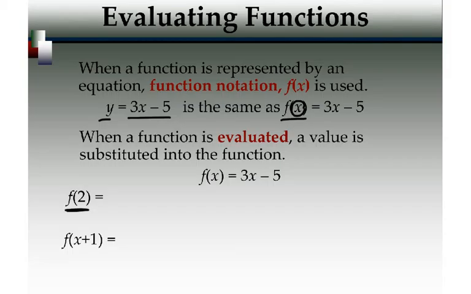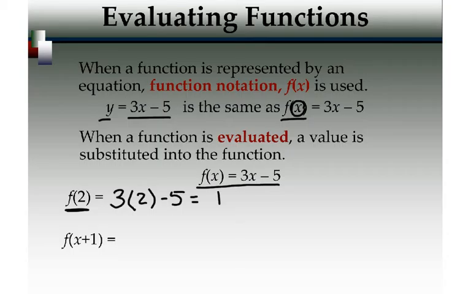So what this means right here, evaluate f of 2, it means take this function that you're given and replace your x values with 2. So plugging in 2, f of 2 equals 3 times 2 minus 5, which is 1.